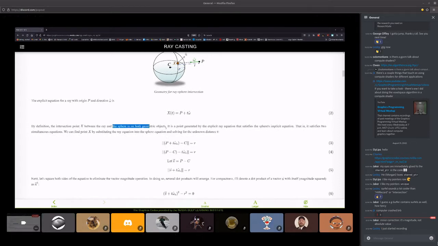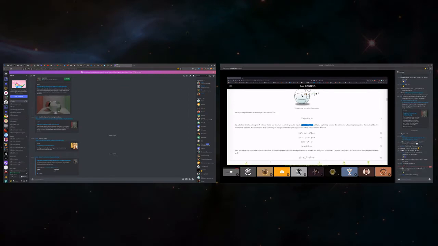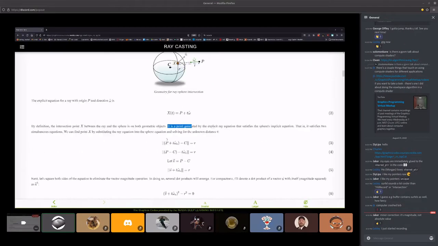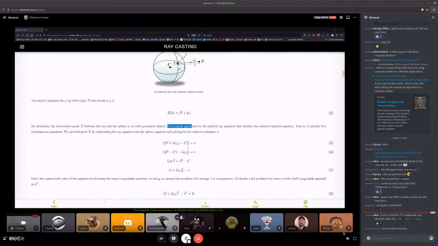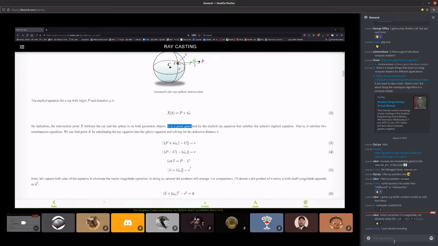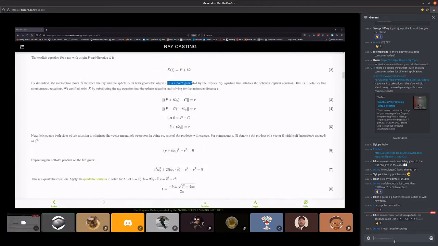Okay. So what we can do is substitute our equation for a point on the ray, where t is a parameter, like a parametric equation, in for X and then solve for t. And when the answer is, I guess I don't know what they're going to do.